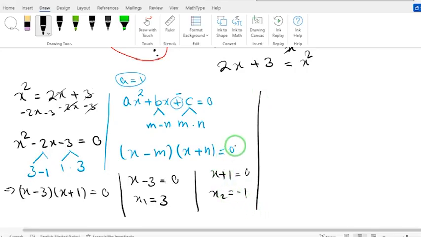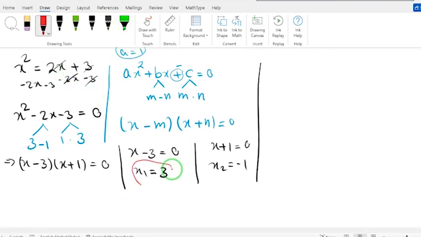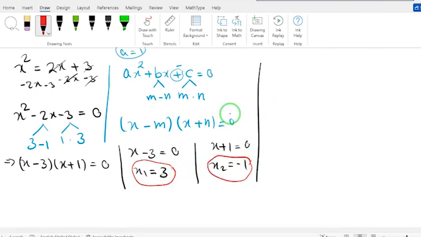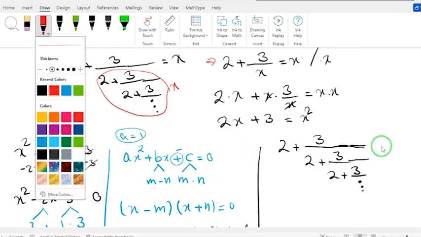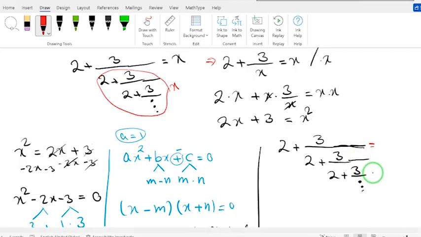Now we evaluate which one is acceptable as the answer for this fraction. We have two values: one is 3 and the other is minus 1. Here we evaluate. When the value of this fraction is 3, it's acceptable, because when the denominator of this fraction is 3, 3 simplified by 3 gives 1, plus 2 equals 3.